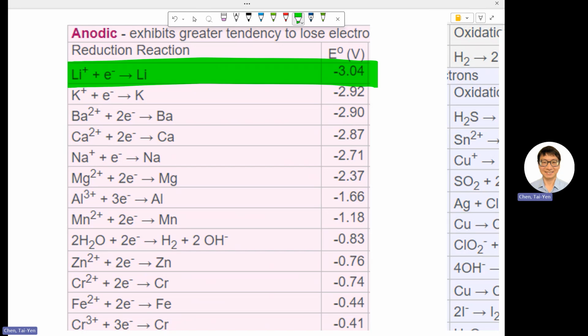Negative 3.04 volts. That means when you do the electrolysis of your lithium salt, if you want to see the reduction of lithium plus, you need to supply 3.04 volts of electrons into your solution, then this process will happen. That's what it means.